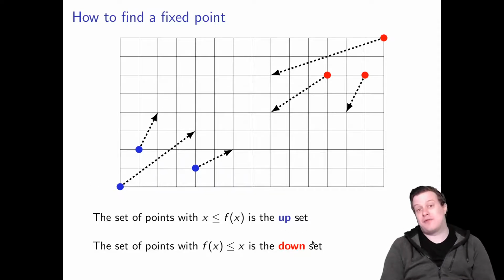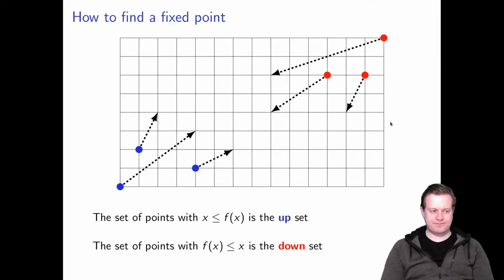And note that not every point is going to be in the up or the downset, because there's no requirement that x should be comparable to f of x. If I was a point up here and I was moving down and to the right, I wouldn't be comparable to f of x, and so I'd neither be in the up or the downset. We know the up and down sets are non-empty because the least element has to be in the upset because it's got nowhere to go but up, and the greatest element of the lattice has to be in the downset because it has nowhere to go but down.